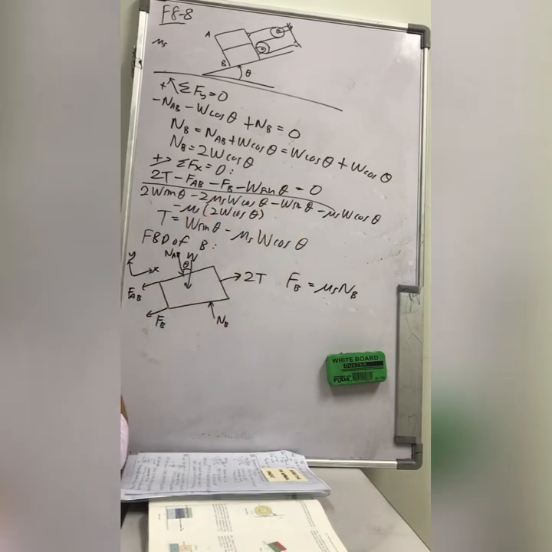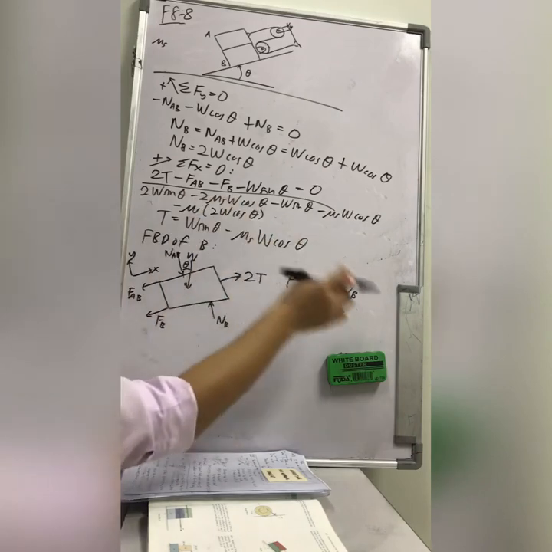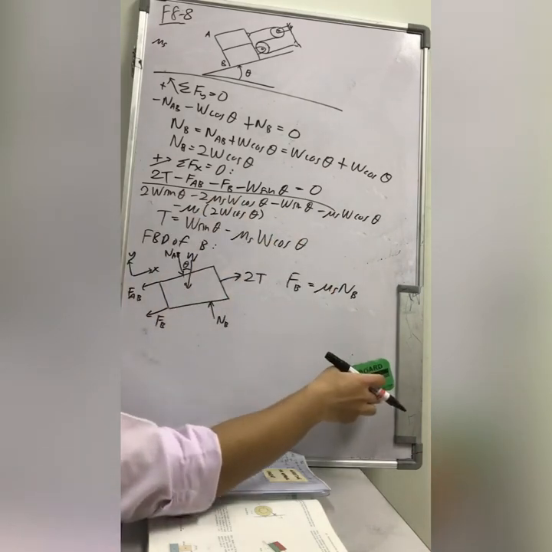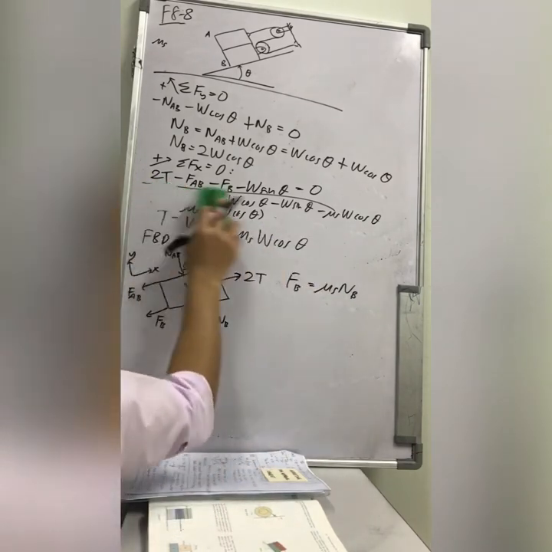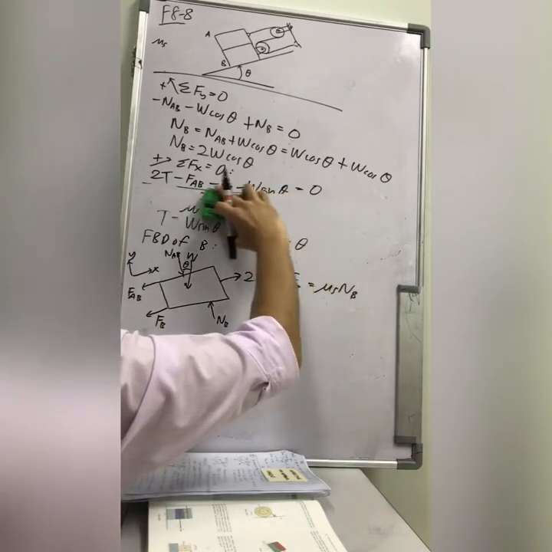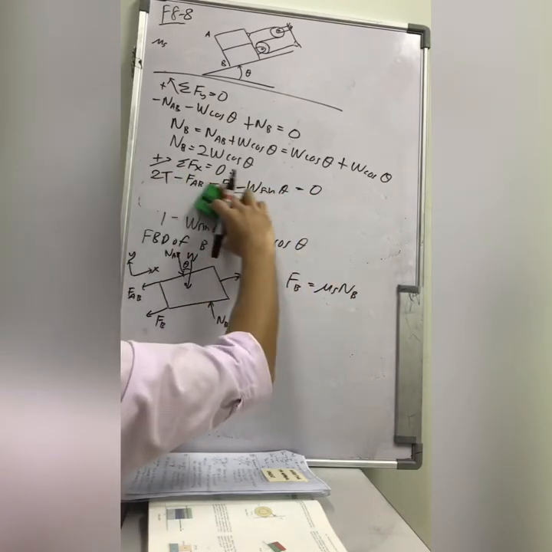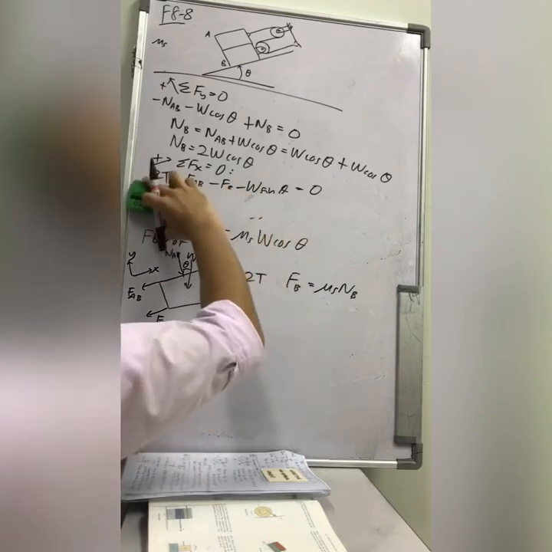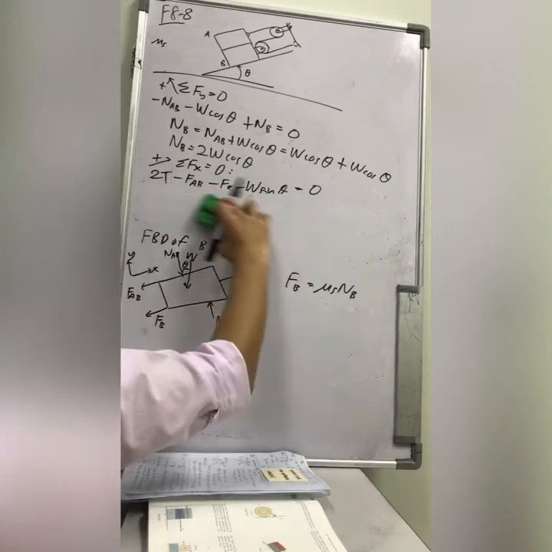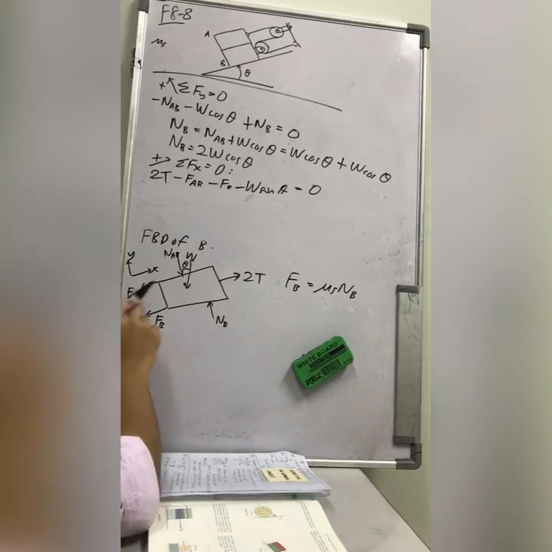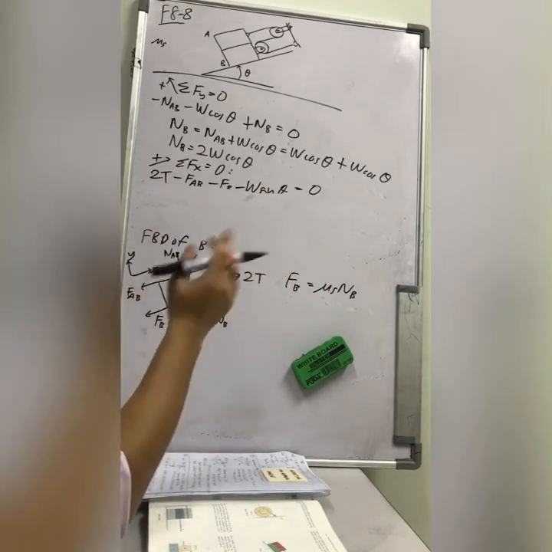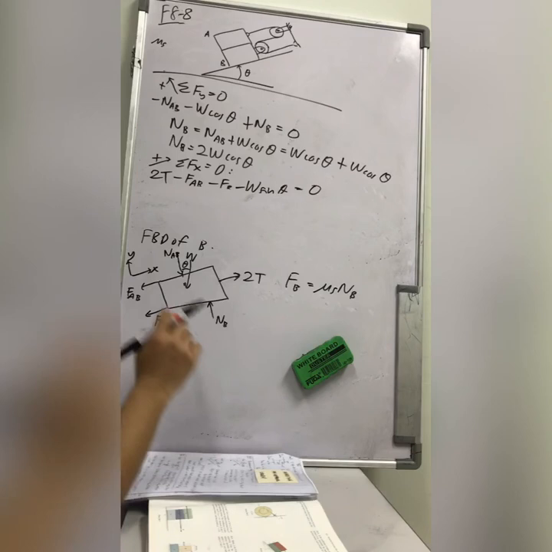Oh, sorry. Let me do it again. If you lost track with this, look at all those things before, I mean F_AB and what the T is in terms of W and theta.